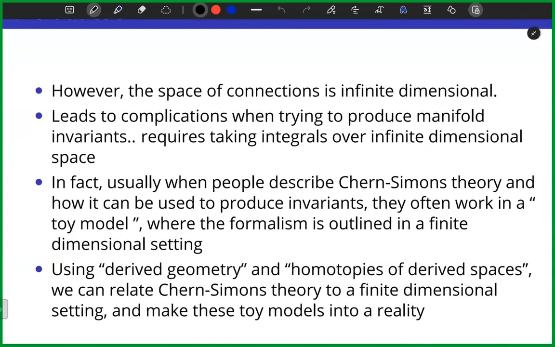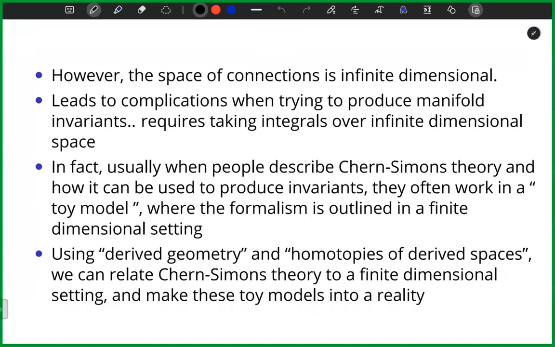However, the space of connections, flat or not, tends to be an infinite dimensional space. And this leads to complications when we try to produce invariants, because, for example, some techniques require taking integrals over an infinite dimensional space. In fact, when people usually describe Chern-Simons theory and how it can be used to produce invariants, they often work with a toy model where the formalism is outlined in a finite dimensional setting.